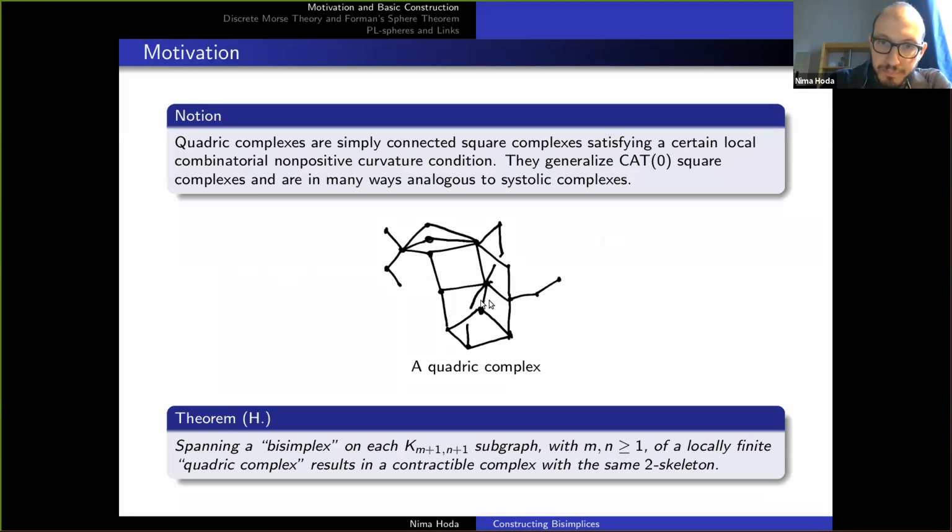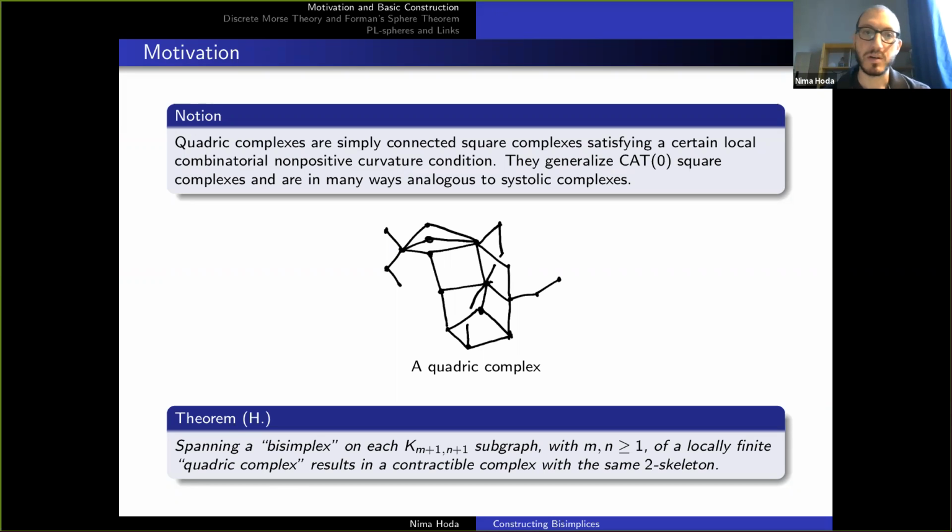Okay, so in terms of the motivation, let me just mention that there's a family of square complexes called quadratic complexes. They're simply connected. They satisfy a certain local combinatorial non-positive curvature condition. They include CAT(0) square complexes, but they're more general.